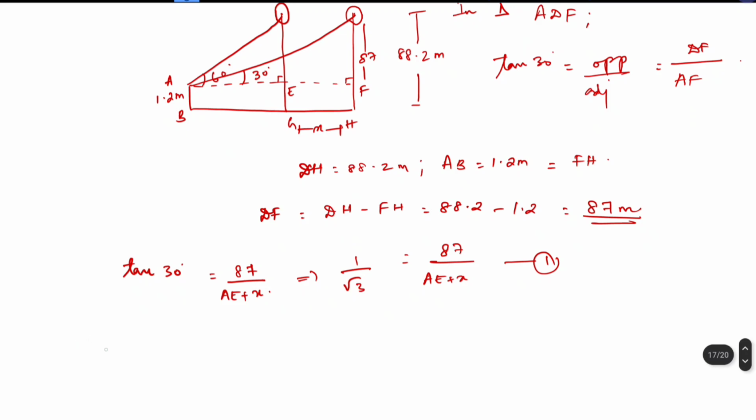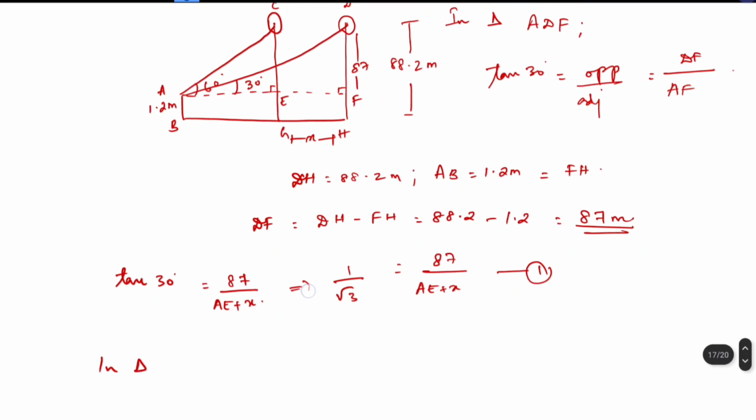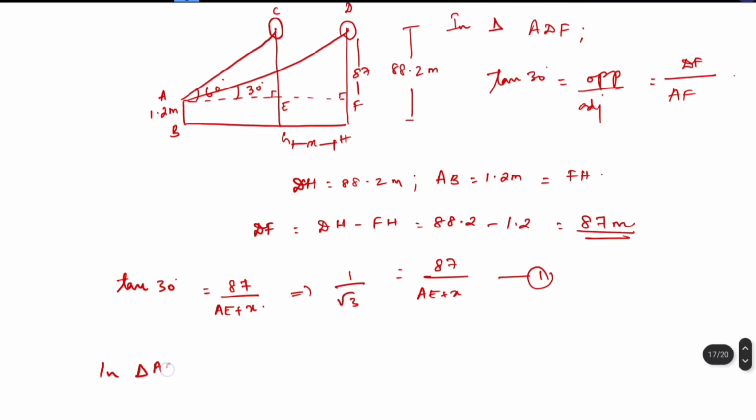Now consider triangle AEC. Tan 60 is equal to CE divided by AE. CE is same as DF, that is 87.